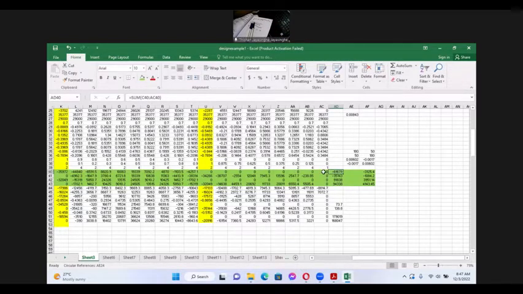Next one is sum C41 to AC41, C42 up to AC42.